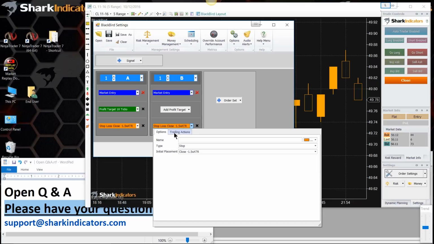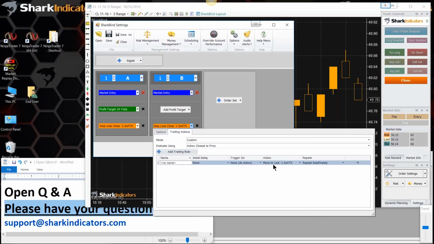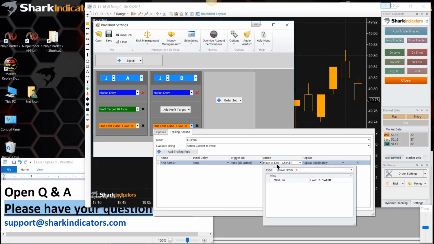To do that, we'll have to go into trailing actions here. We have the existing trailing rule here that's going to keep moving our stop loss.